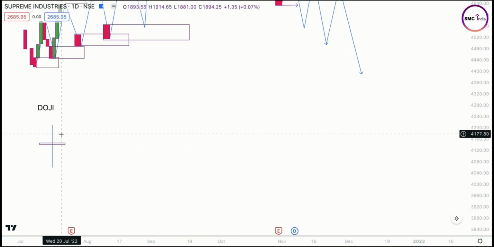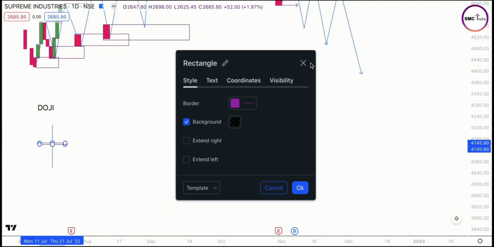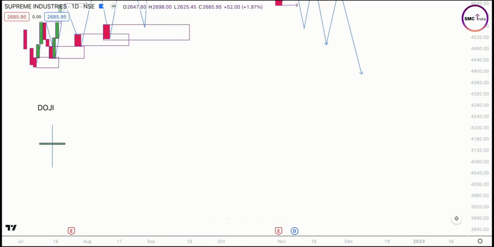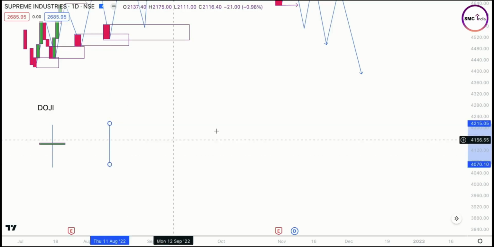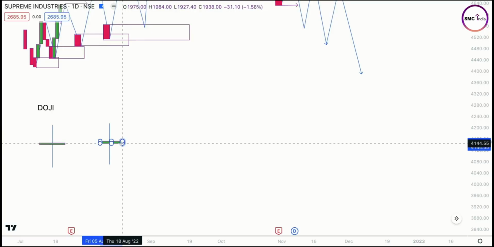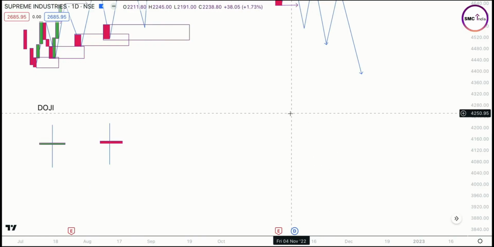It might be green or red, but the color is not important. I'm saying it again and again. But it doesn't actually matter.